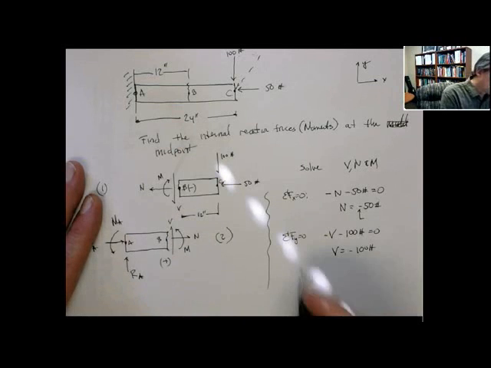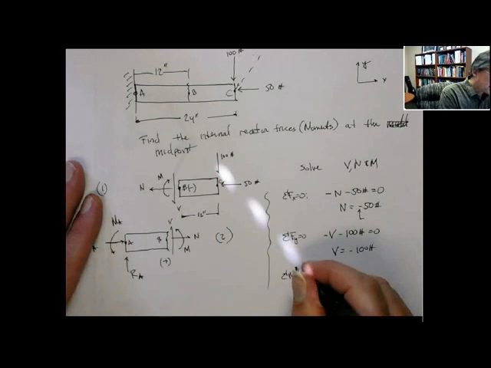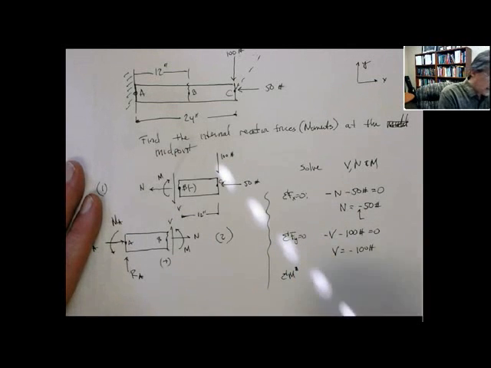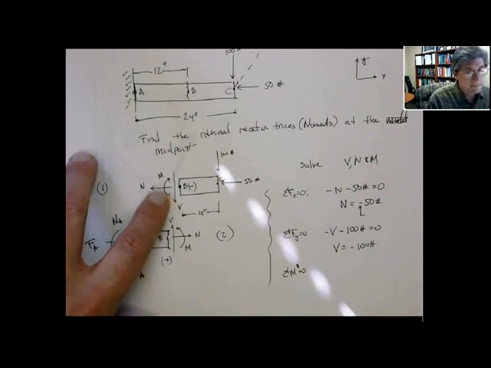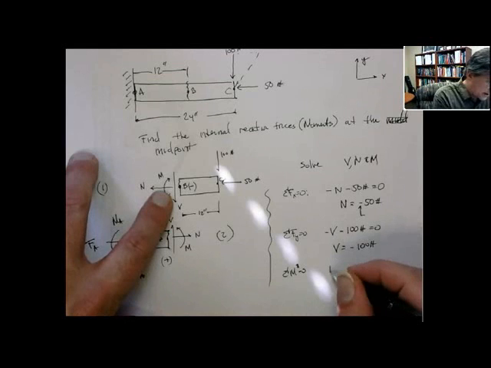And the last thing we'll do is sum of moments. Let's pick a point. So we'll do sum of moments around point B, and those are equal to 0. Using this free body diagram, we have the internal moment there.